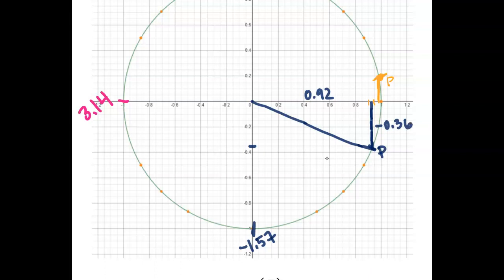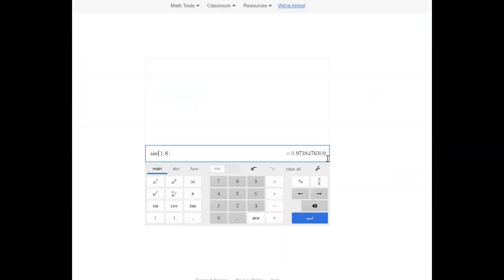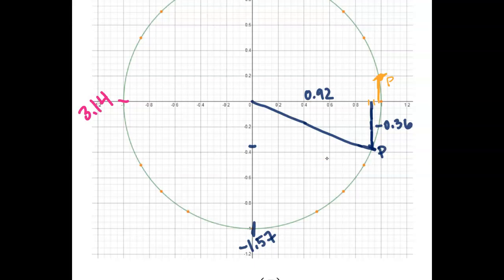Okay, so we want to do y over x. So I'm going to do negative 0.36 over 0.92, and I got about negative 0.39.